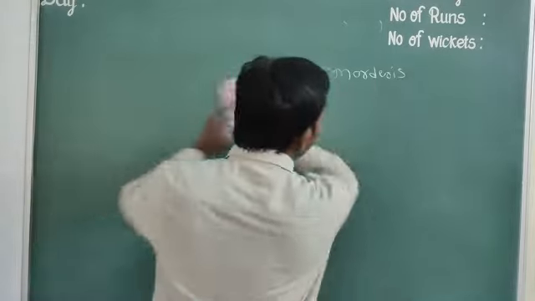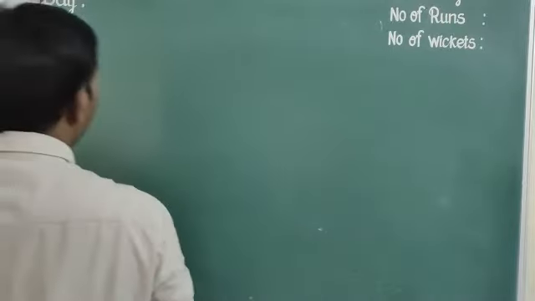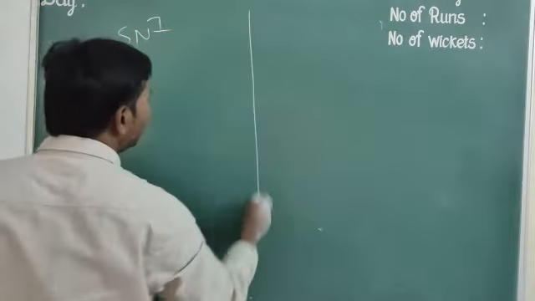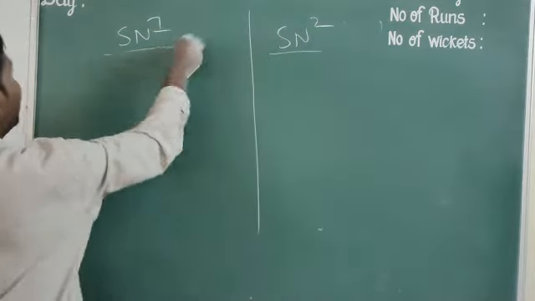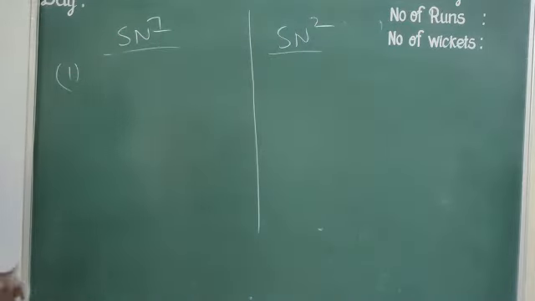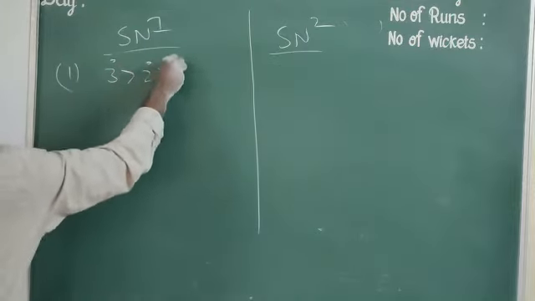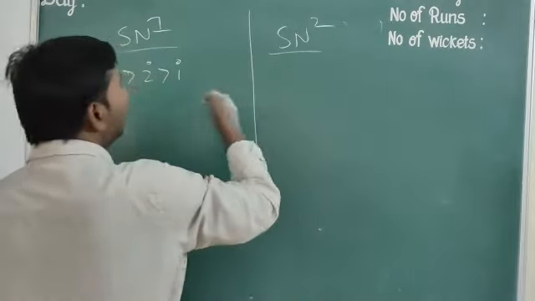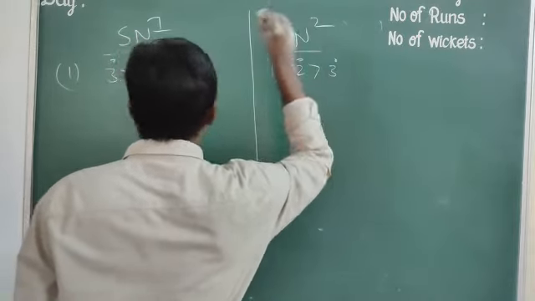So what are the differences between SN1 and SN2? There are some four or five common differences. First, SN1 reactivity towards haloalkanes is tertiary, secondary, primary; SN2 reactivity is primary, secondary, tertiary.